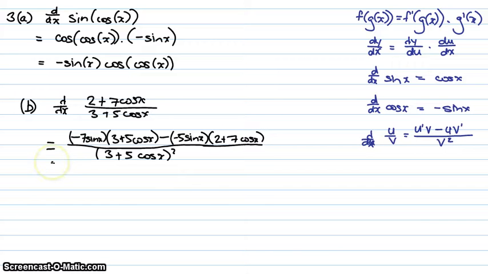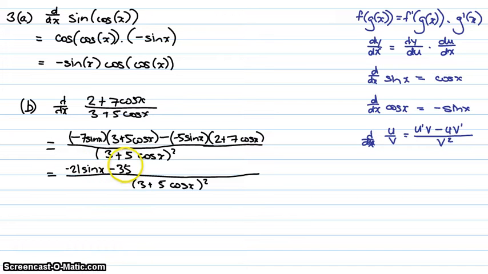So let me expand that a little bit. I'm going to get what? So let me again leave the bottom line the same. 3 plus 5 cosine x whole thing squared. Then I get minus 21 sine x minus 35 sine x cosine x plus 10 sine x plus 35 sine x cosine x.